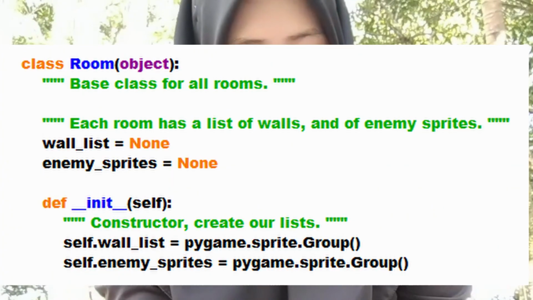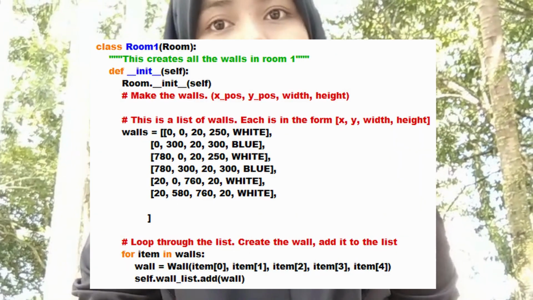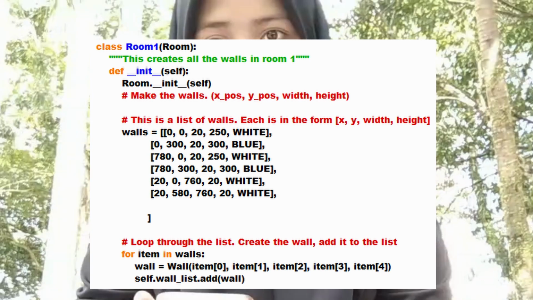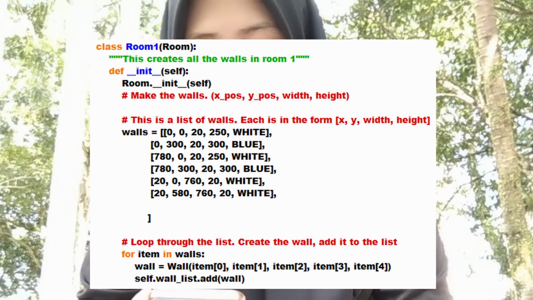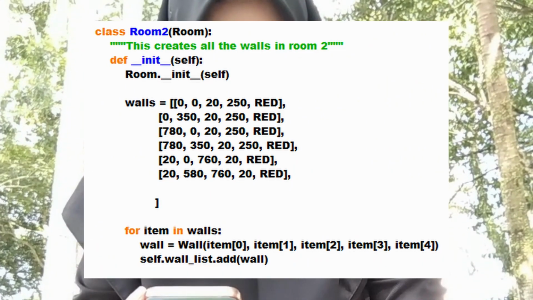For my part, I want to explain about the rooms. This block is used to set the wall for room 1. This block is used to set the wall for room 2.